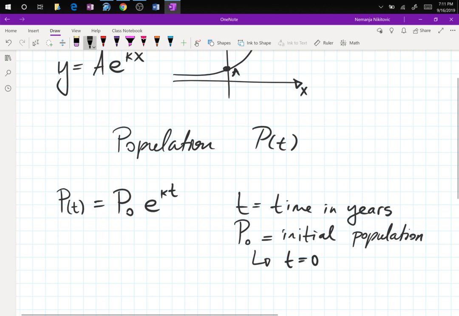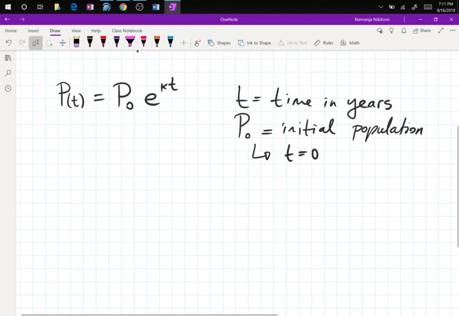So now what am I going to do for this particular problem? Well, I want to play with the population of the world. In this case, I'm going to call that 7.6 billion people. So population now is 7.6 billion.